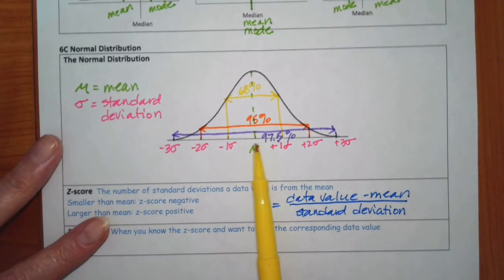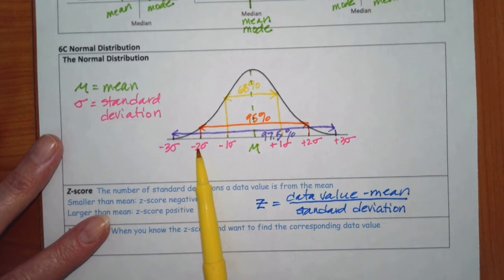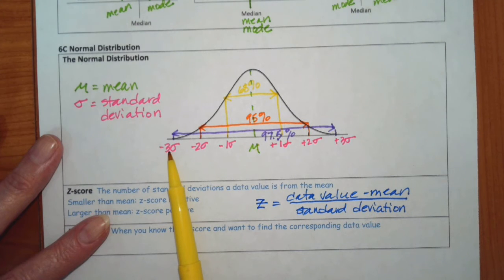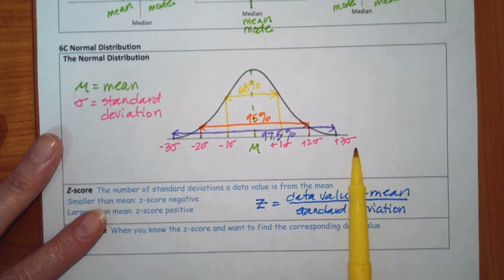To the left, from the mean, you're going to subtract a standard deviation, subtract 2 standard deviations, subtract 3 standard deviations. And these values right here tell you that almost all of your data falls between the -3 standard deviations and the positive.